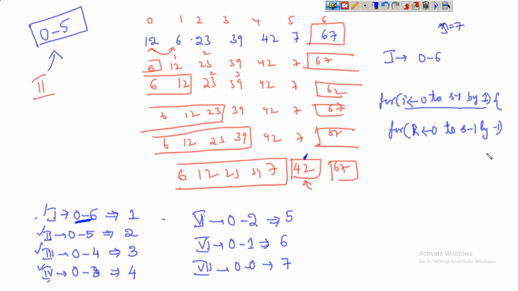By minus 1 in the sense, first iteration would be 0 to 6, second iteration would be 0 to 5. Sorry guys, this is not right: first 0 to 6 followed by 0 to 5.